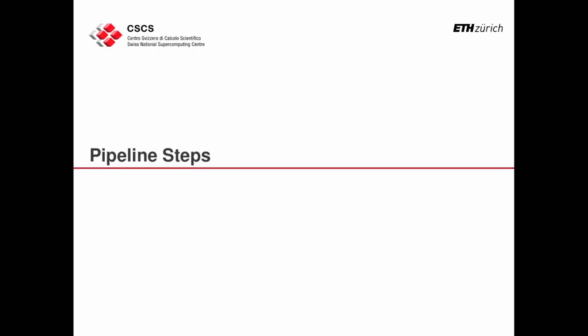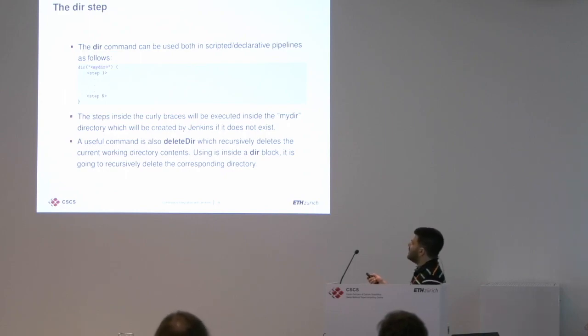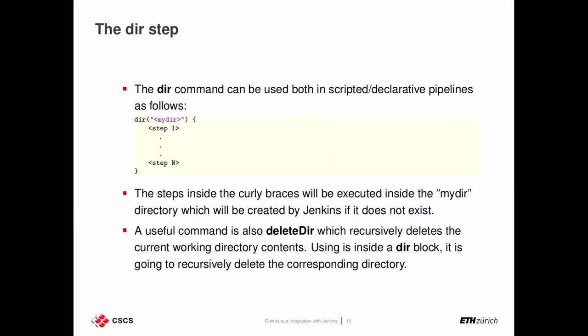I talked before that inside the stage you may have certain steps, and I will show you some important steps and what they look like, what you can do with Jenkins. Here you have the dir step. Here you put your directory in double quotes, and the steps that are included in these curly braces are going to be executed inside mydir.